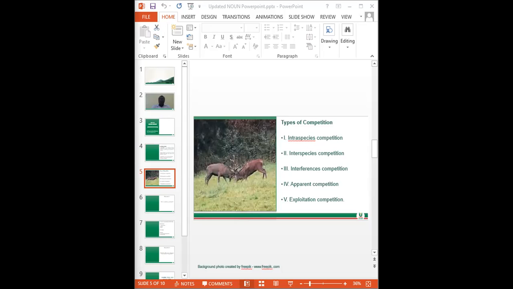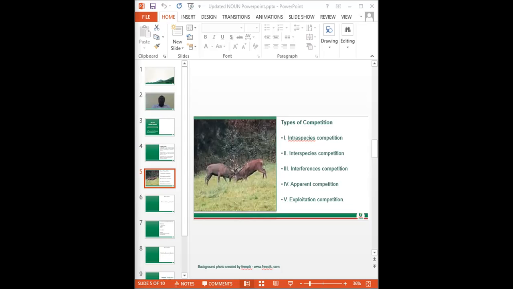Now we talk about the first two, which I jumped because I needed to explain the other ones that look as if they are new to us. The intraspecific competition occurs when members of the same species vie for the same resources in an ecosystem.